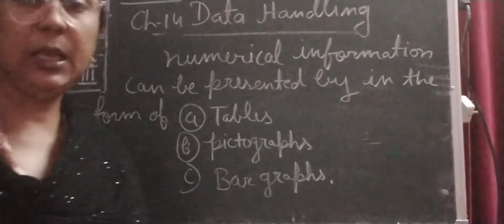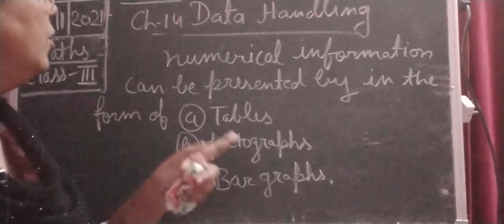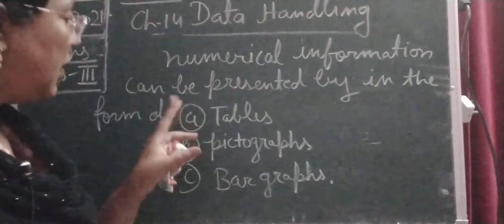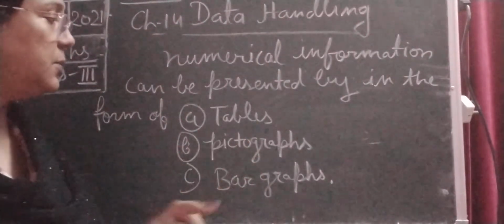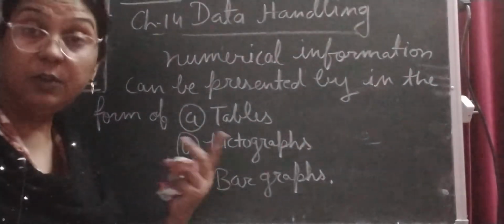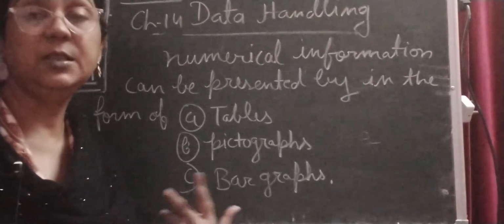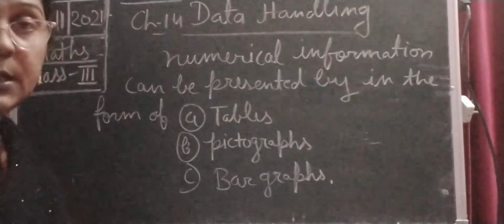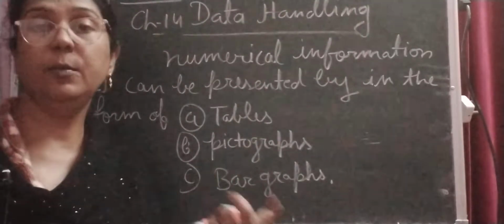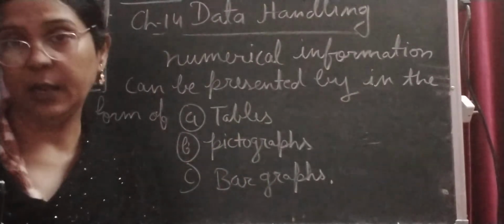So these are the ways the data will be presented: tables, pictographs and bar graphs. There are three ways by which we can present the data. Data handling means the way of representing any information, numerical information. That is called data handling.